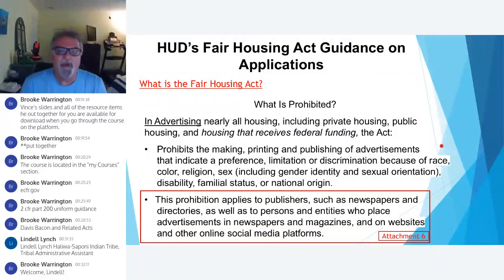And at the bottom, probably the most important, it applies to outside organizations that we have direct or indirect relationships with, publishers of advertising, for example, such as newspapers, if anyone uses a newspaper these days, and different directories, as well as to persons and entities who place advertisements in these periodicals.